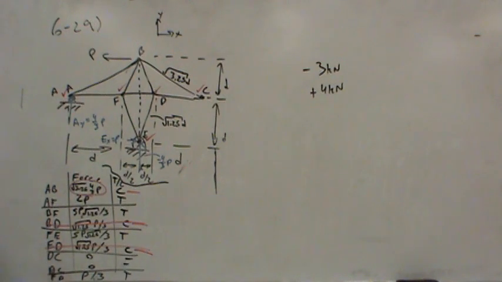What about for tension? Now there we got 1, 2, 3, 4 to compare. 2P is definitely bigger than P over 3, so we're not worried about that. None of these matter, these are zeros. And these two are the same, FE and BF. But which is bigger, 2P or 5/3 times root 1.25?